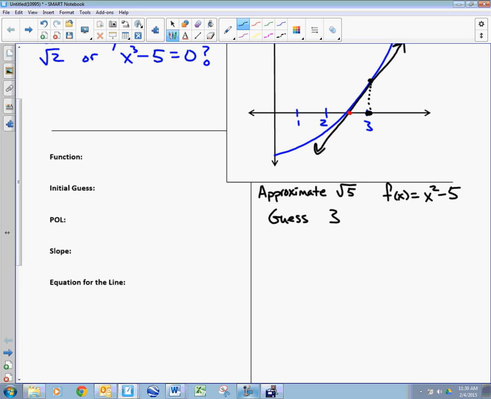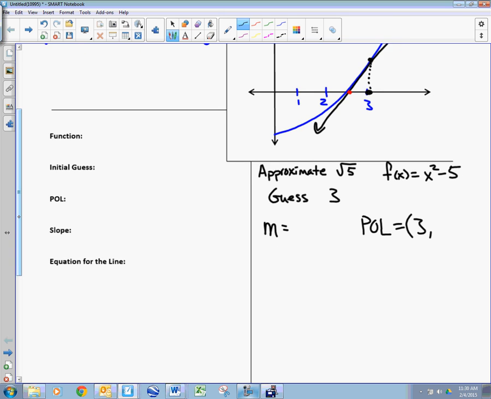So if I guess 3, I need a slope and a point on the line. The x value is 3. Very good. If the x value is 3, the y value, Katie? 4. That was the difference. That's how much we were off by. We want that number to be small, and then we won't be off by very much. Okay?